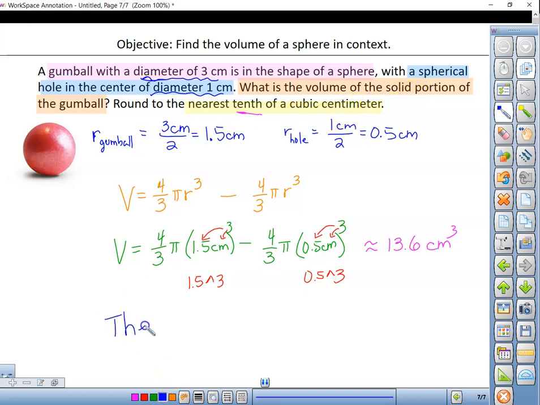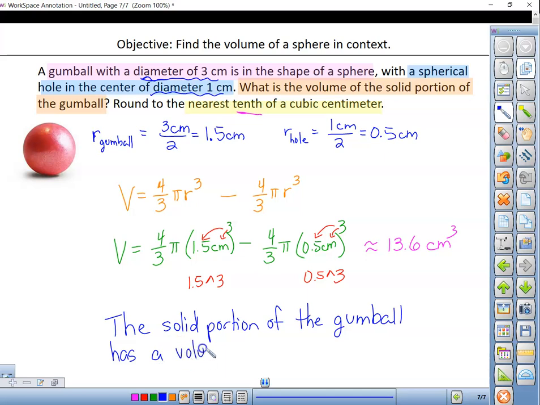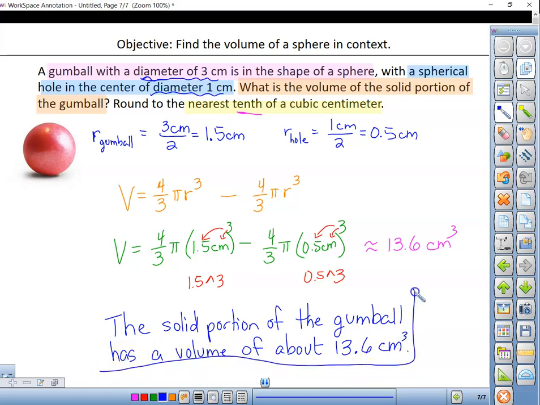So the solid portion of the gumball has a volume of about 13.6 cubic centimeters, or centimeters cubed, like so. All right, we are moving on to the next example now.